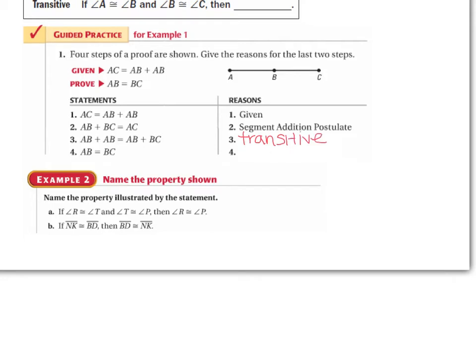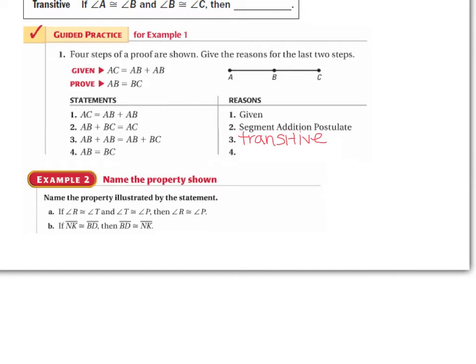All right, now let me show you. Right in here, see how AC is equal to AB? And then AB is equal to AC? And then you have AB is equal to AB plus BC.